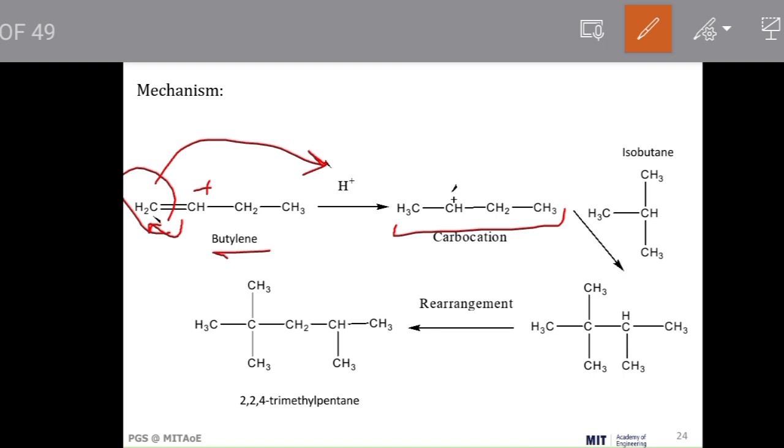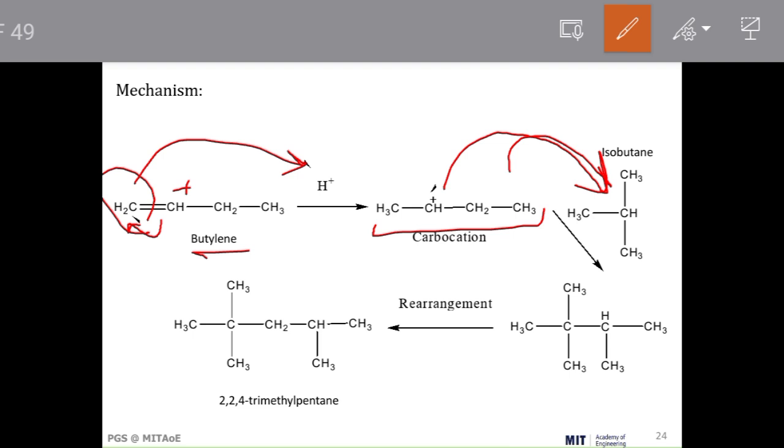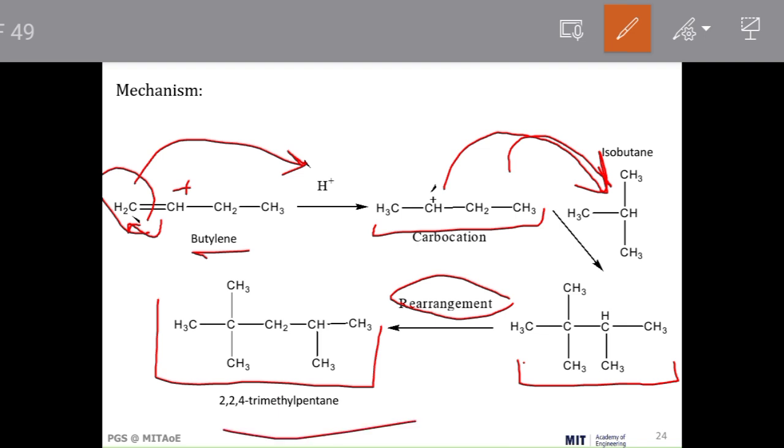In the next step, this carbocation reacts with isobutane to form an intermediate. That intermediate is not stable, so it undergoes a rearrangement reaction to form the final stable product.